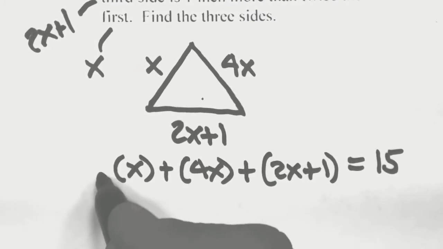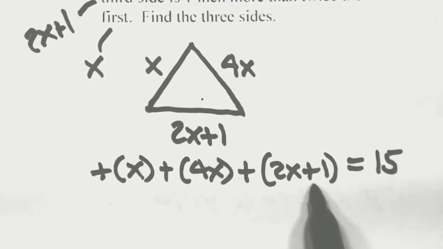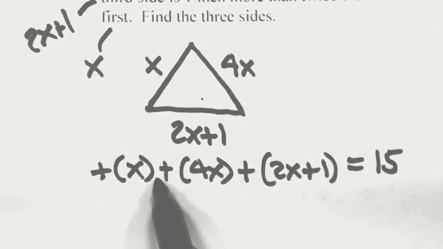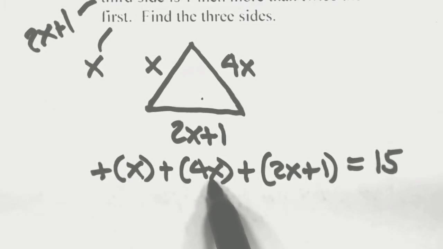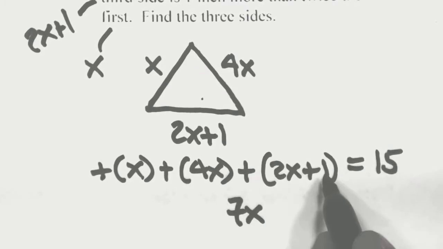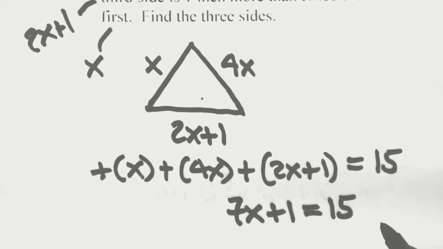Officially there's a plus in front of this first set of parens, since we didn't see anything there, and everybody's got a plus in front, so nobody's changing. So we can now combine everything together. I've got 1x plus 4 more, that's 5, plus 2 more, that's a total of 7x. And the only number I have is a plus 1, equals 15.